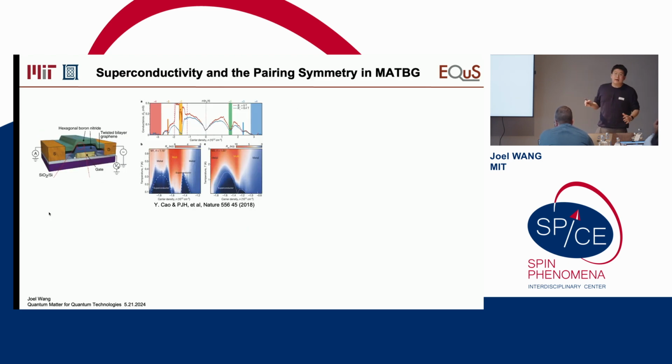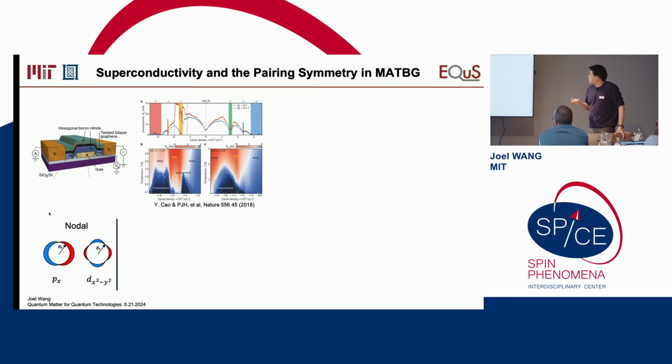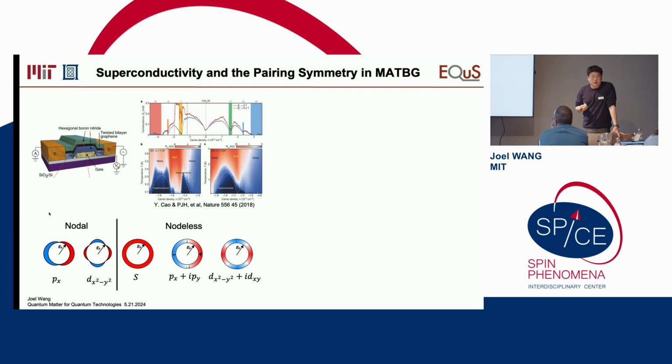Okay, so that being said, it's still fair to say that the mechanism or the pairing symmetry of MATBG or similar systems remains at the forefront of MATBG study. For example, we are curious about the nature of the superconductivity. Is it a nodal superconductor or a nodeless superconductor? And if it's nodeless, what kind of symmetry does it assume?